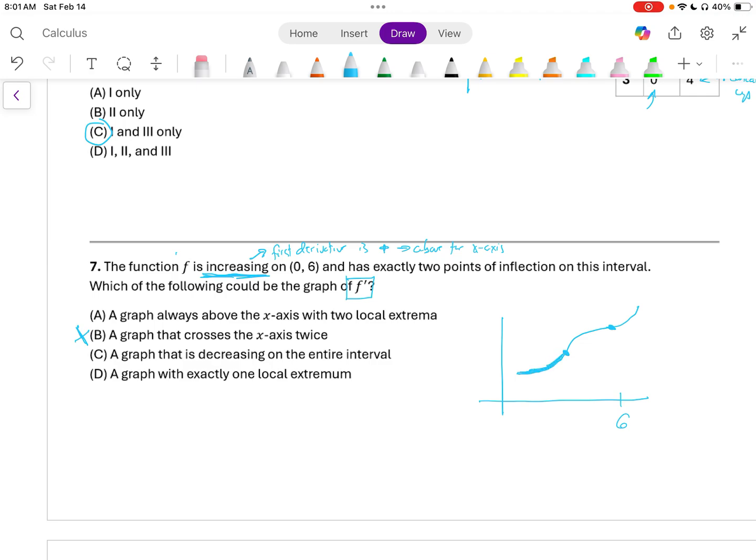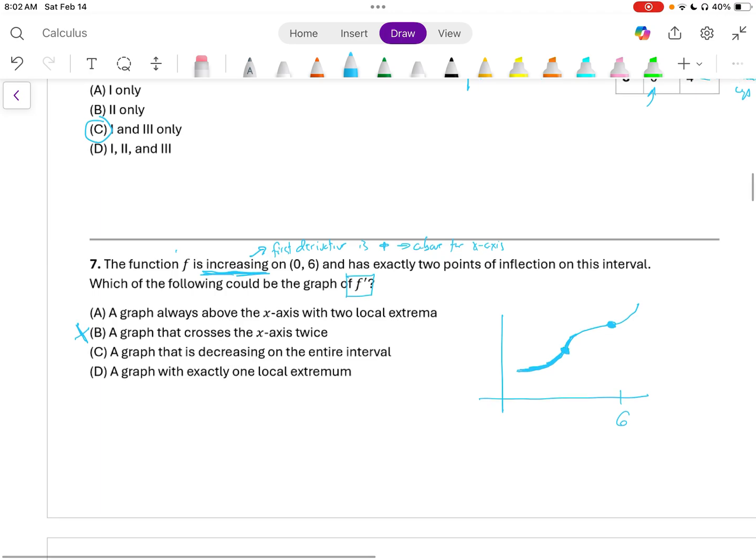Our graph is increasing, but then it's starting not to increase as much. And so that's going to be a local extrema when these change direction. Changing from concave up to concave down says that the slope, well, it's going to be 2 extrema. So this, it's always above the x-axis, and it has 2 local extrema, so it has to be this.